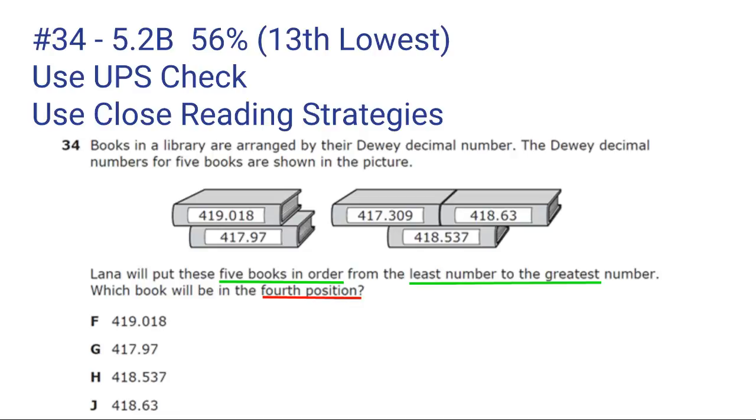Notice I've used different color highlights. I am not underlining the entire question, just the important words. So I'm using close reading strategies so that I can understand what it is I need to find. So I need to find the 4th position. And they have to be from least to greatest.